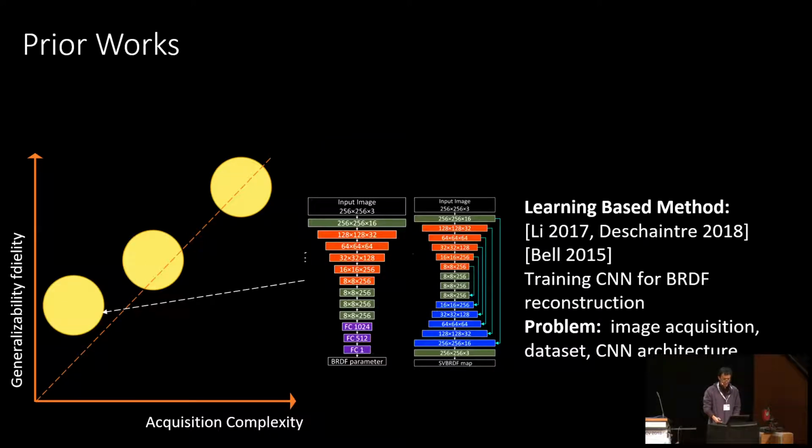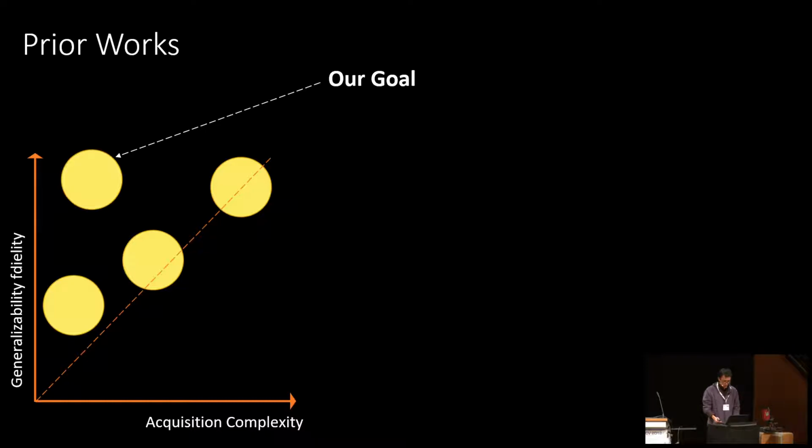Inspired by the recent success of deep learning for a variety of vision and graphics problems, recent works have looked at CNN-based methods for material recognition and reconstruction. The goal is to reconstruct the materials from a single image captured under uncalibrated conditions. While this is highly practical, these methods still make strong assumptions on the material properties that may lead to poor results. In our work, we want to retain the easy acquisition effort of these methods, but improve the accuracy.